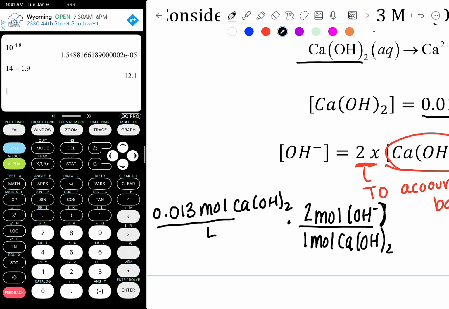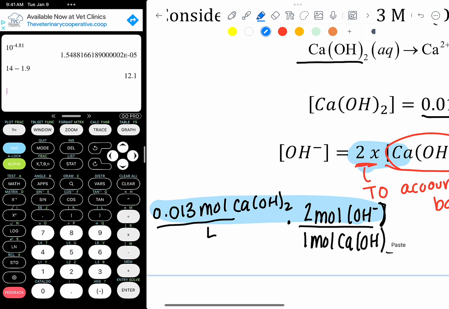This relationship, where I take that 0.013 and multiply it by 2, is directly related to our mole-to-mole ratio. That's why we have to take stoichiometry into account. So whenever we're given the concentration of a strong base that's a group 2 hydroxide, we have to take that concentration and multiply it by 2.